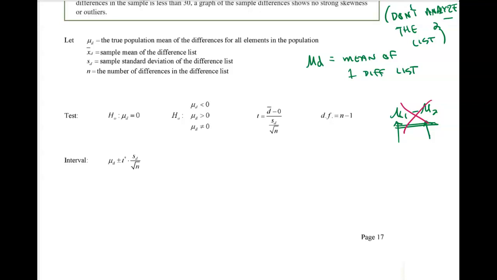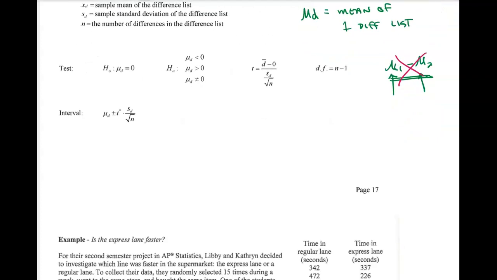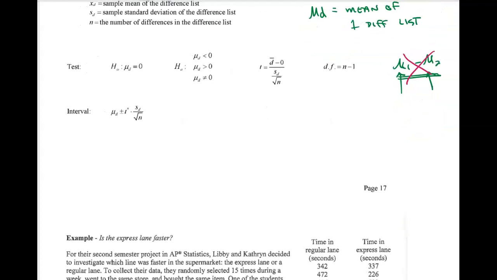So x bar d is going to be the sample mean of the difference list. S sub d is going to be the standard deviation of the difference list, and n is going to be the number of elements, the number of differences in the difference list. So this is just a one sample test where we're wondering if the mean difference is equal to 0 against the alternative that it's maybe greater than, less than, or not equal to 0.